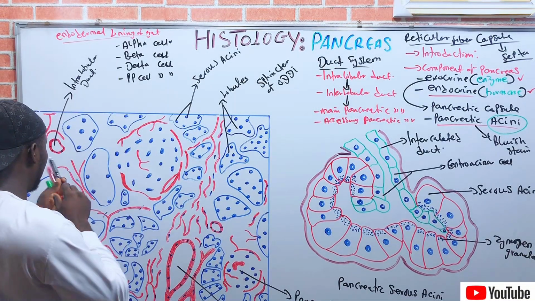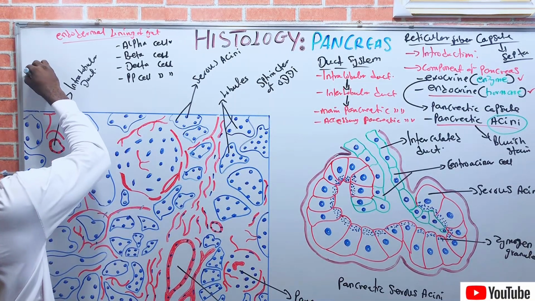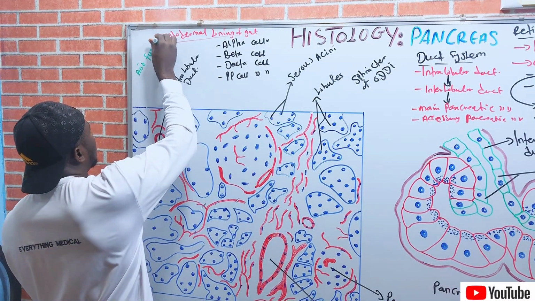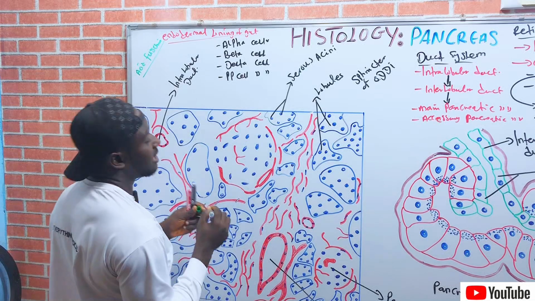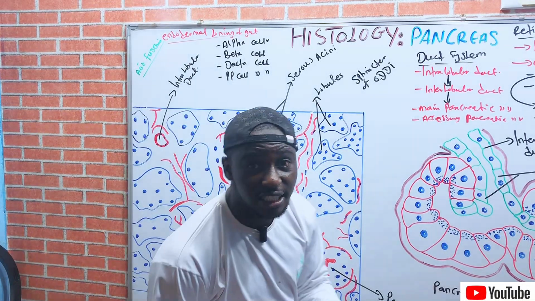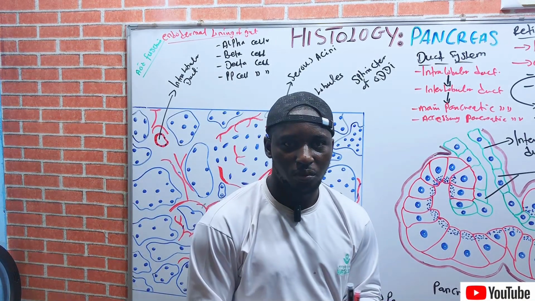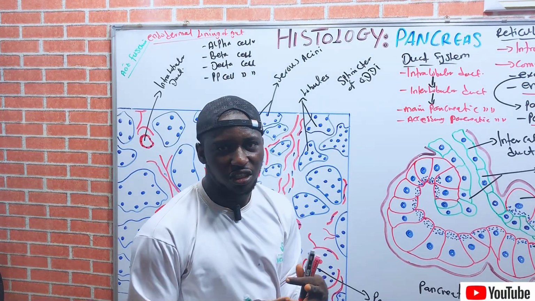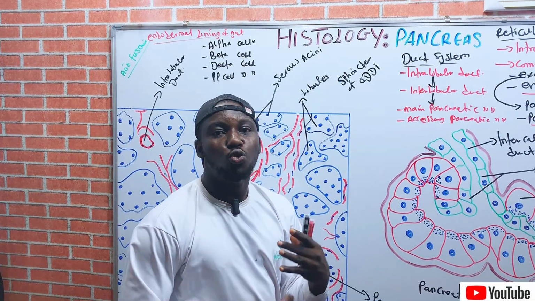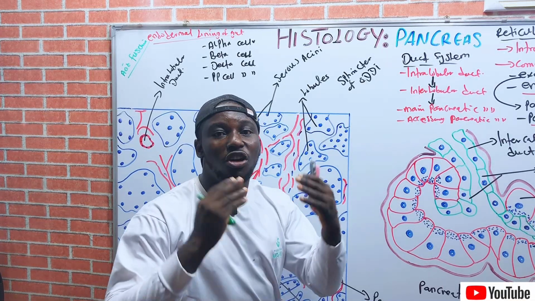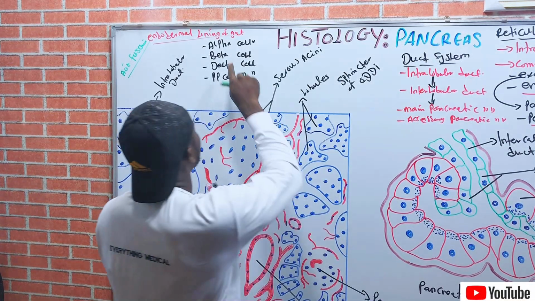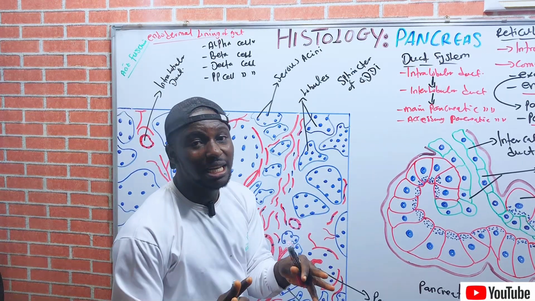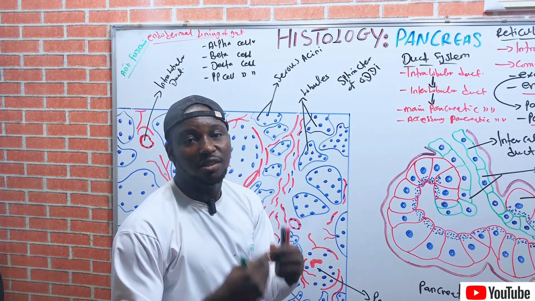They are not stained by aldehyde fuchsin. It is the beta cell that is stained by aldehyde fuchsin. When we get to the beta cell, you will understand their differences in staining. So the alpha cell is stained by acid fuchsin, not aldehyde fuchsin.